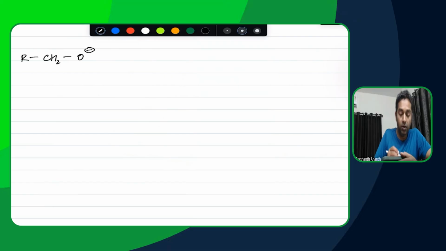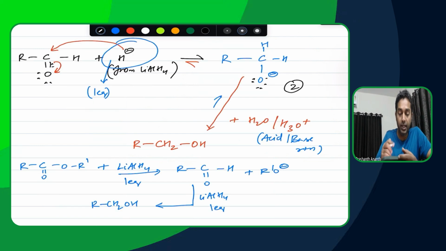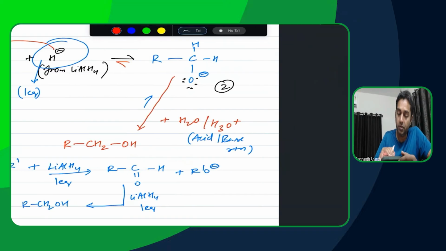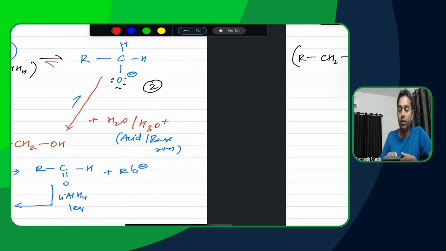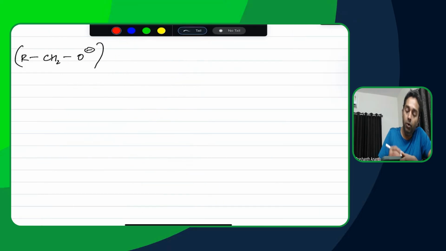It has now currently formed by the attack of H minus on the aldehyde, correct? When the H minus attacked the aldehyde location, we had RCH2O minus formed at that instant. So when that formed over here, now you have this O minus produced right now.